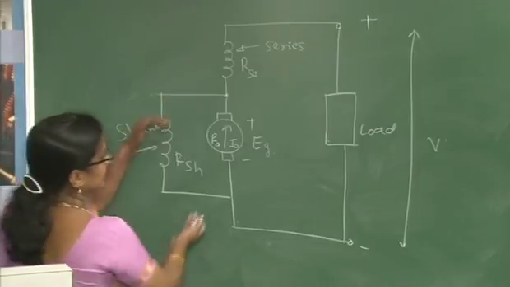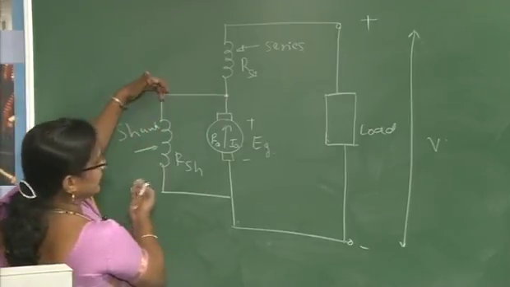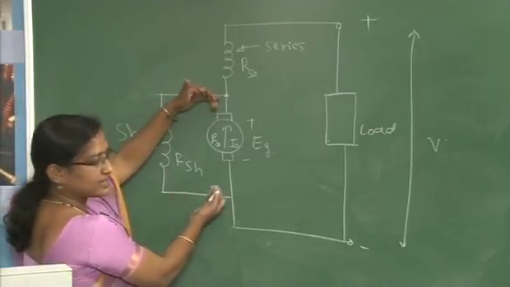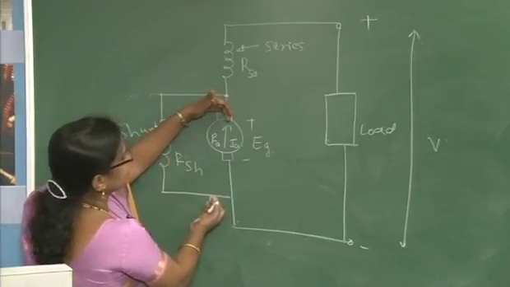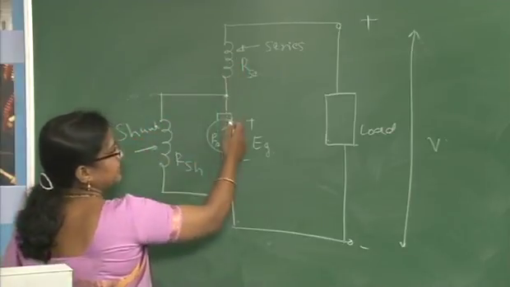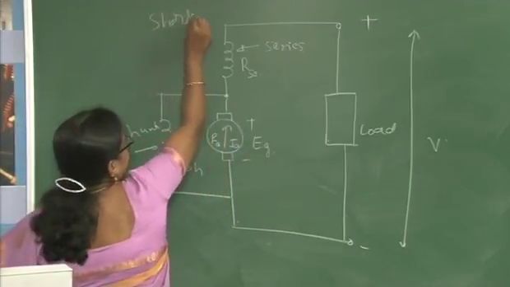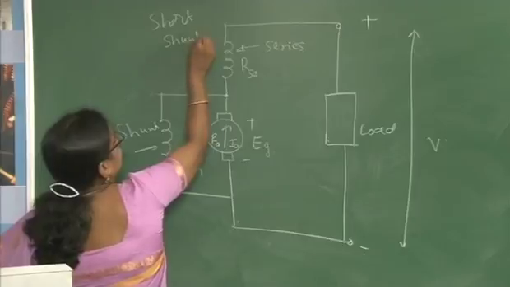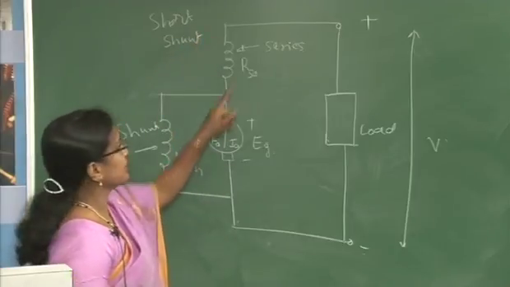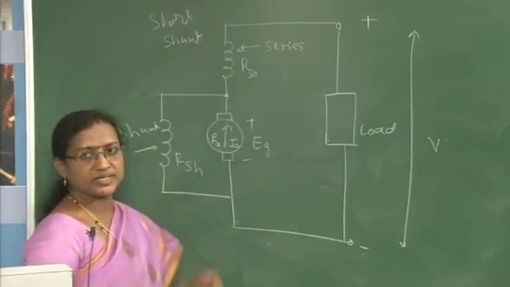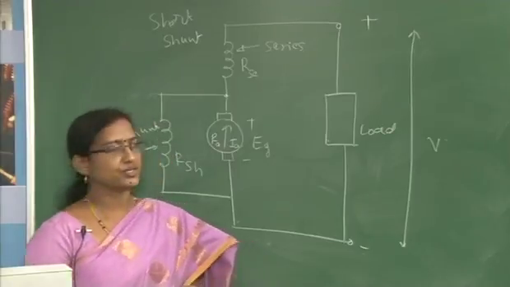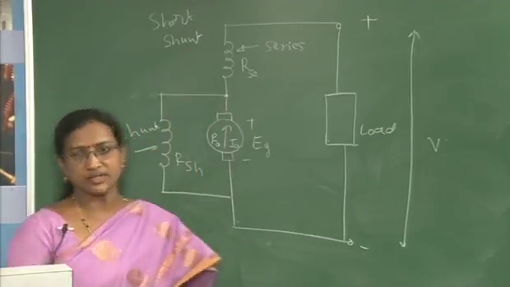You have connected this shunt coil exactly parallel to this armature, and the series field you have connected in series with this. This is called short shunt. Since you have used both series and shunt, it is a compound excited DC machine, but it is of short shunt.